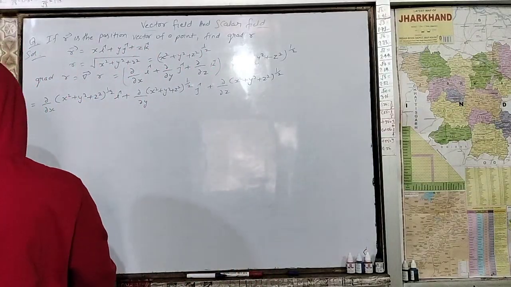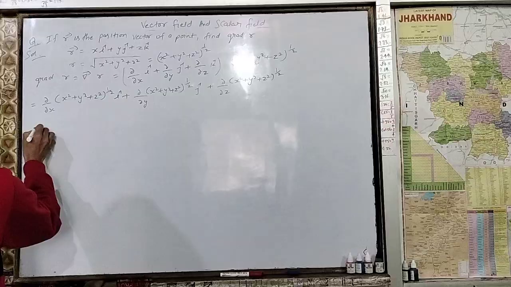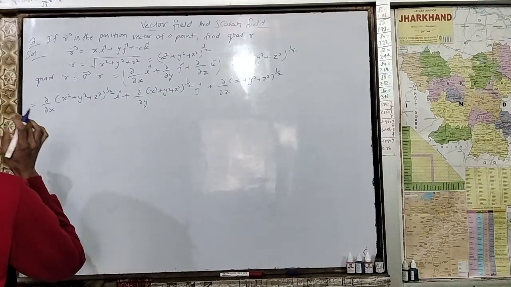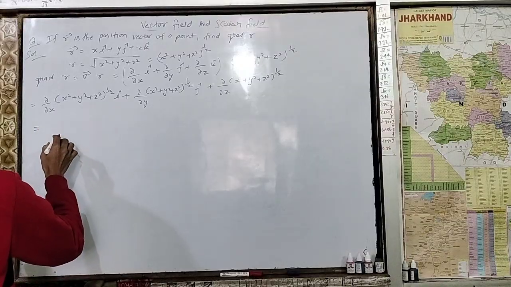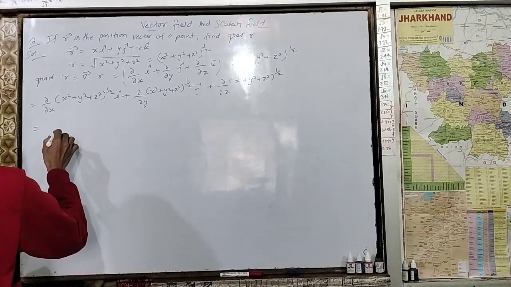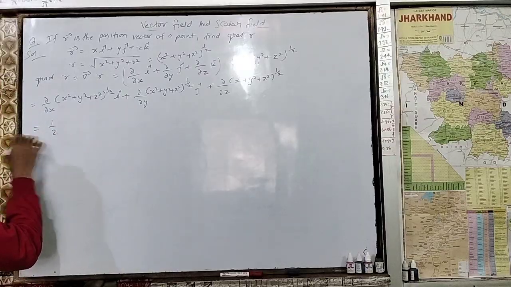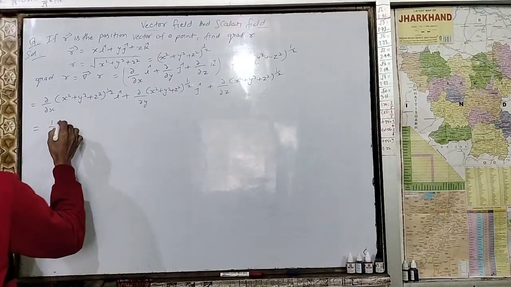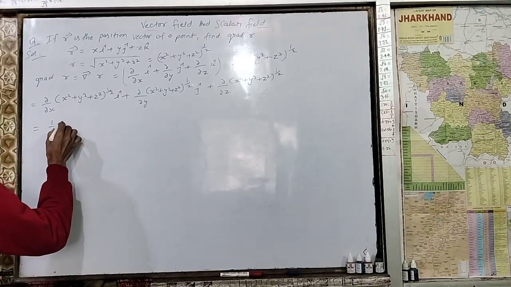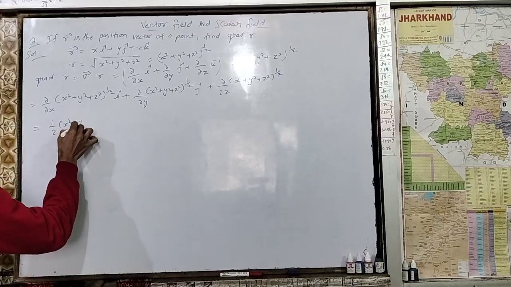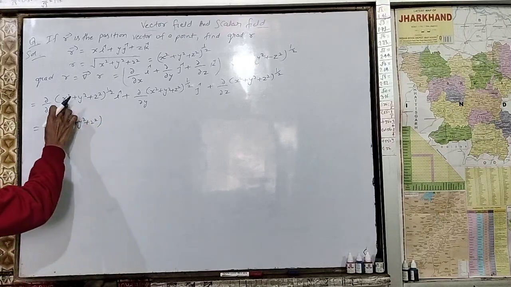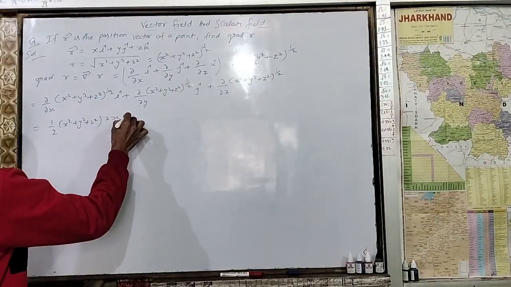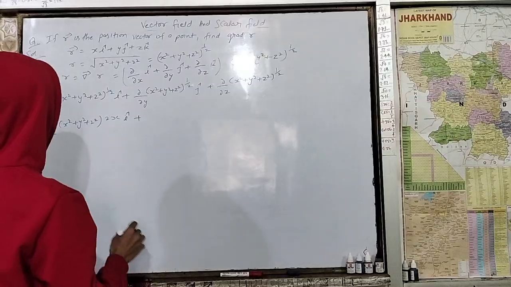So finally, you can write this as 1 by 2 into x square plus y square plus z square, then the partial derivative of x square with respect to x will be 2x along i cap.